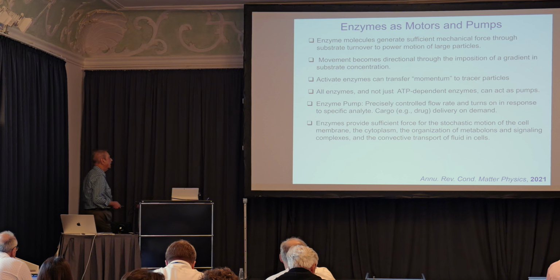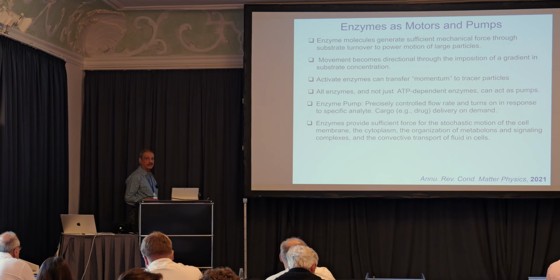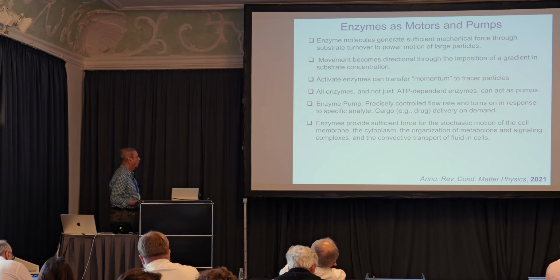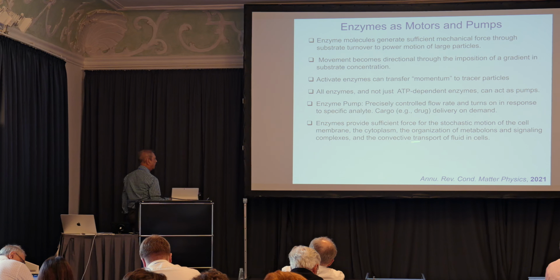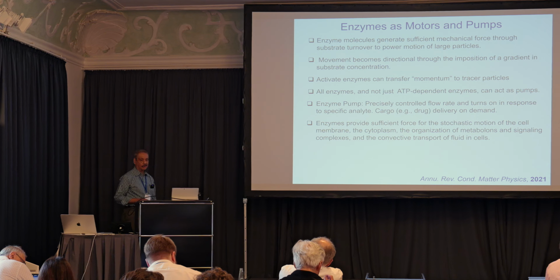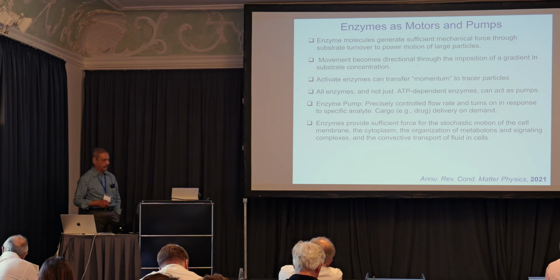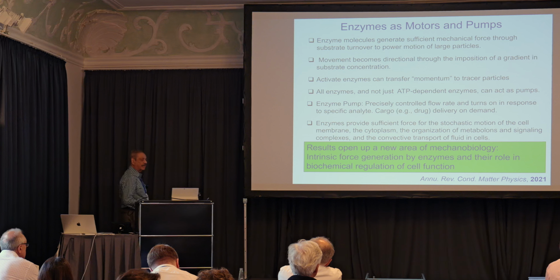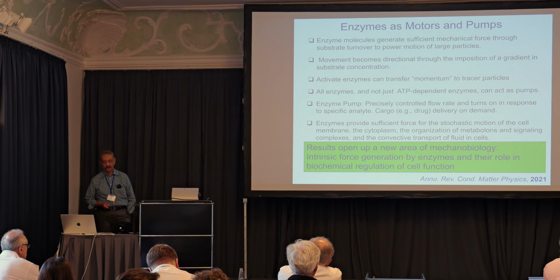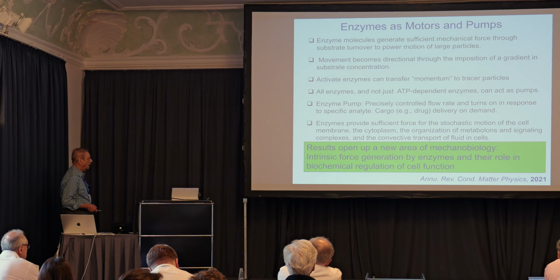So it's clear that the enzymes can provide sufficient force for stochastic motion of cell membrane, cytoplasm, organization of metabolons, and so on, so forth. So it looks like it's a new area of mechanobiology, the intrinsic force generation by enzymes and their role in biochemical regulation of cell function.